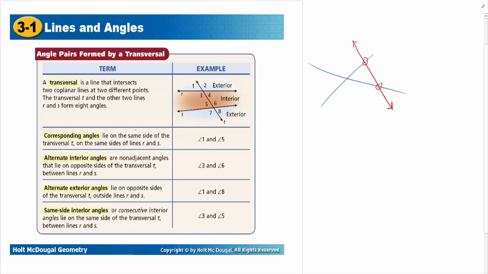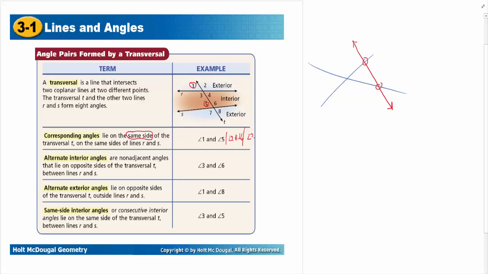Now corresponding means same side. They lie on the same side. They're in corresponding parts though. You'll see 1 and 5. See how 1 and 5 are both, when you look at the two sets of angles, on the top left, top left. Now some other examples would be angle 2 and angle 6. Again, you can quiz yourself here.